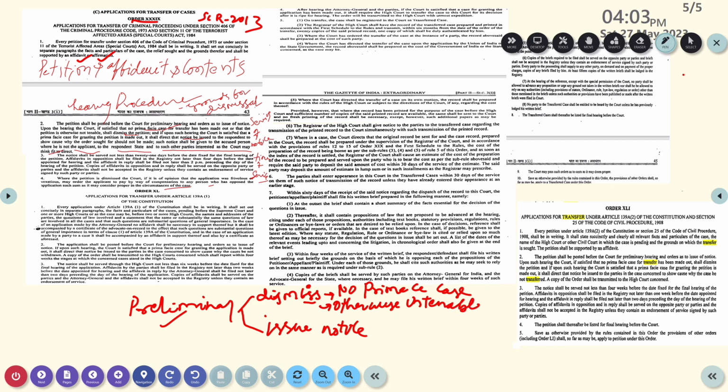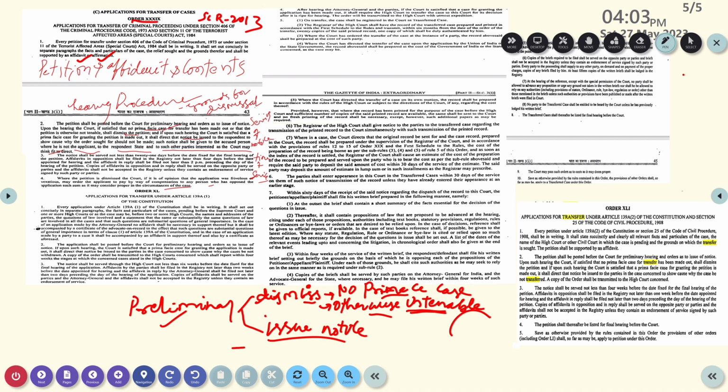Otherwise untenable means there is any reason which can show that the petition is untenable, that is, not maintainable. So if the court at the preliminary hearing is satisfied that there is no prima facie case or that it is otherwise untenable, it dismisses. Or if it feels there is a prima facie case, notice can be issued to the respondent side to show why this order should not be made.